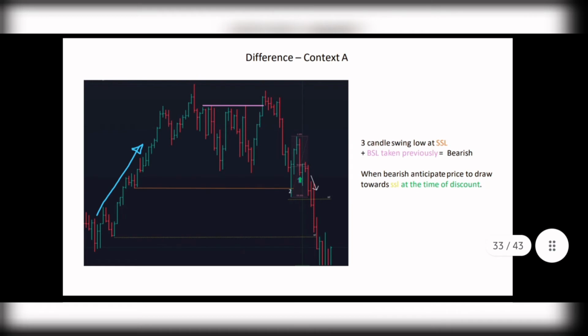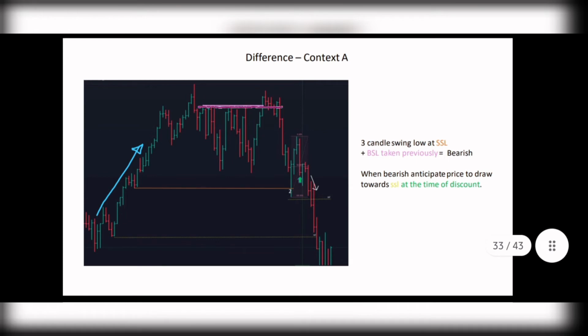For example A, when we are bearish, we have a 3-candle swing low at sell-side liquidity. But before that happened, we had buy-side liquidity being traded into. And that's why we have a bearish bias, because we just took out highs up here in pink.